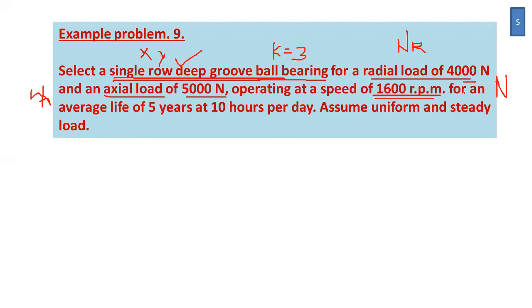And here the life of bearing is given, that is an average life of 5 years, 10 hours per day. The life of bearing is given in years. Here we need to design a deep groove ball bearing for 5 years, with a working time of 10 hours per day.